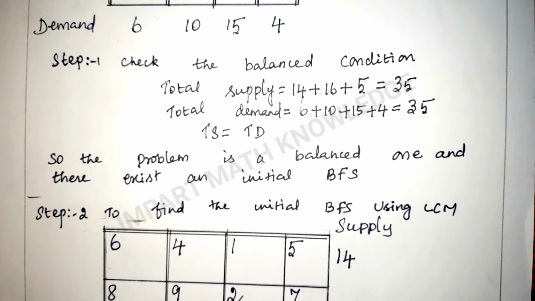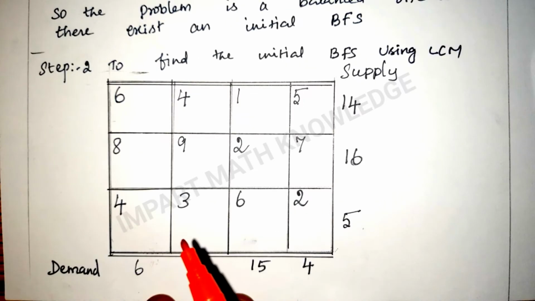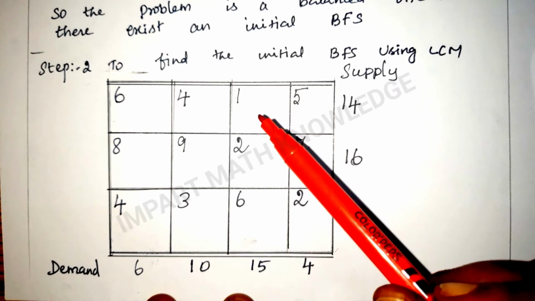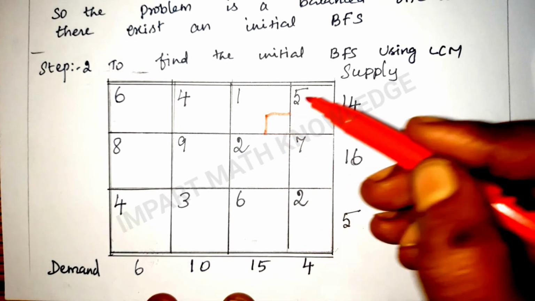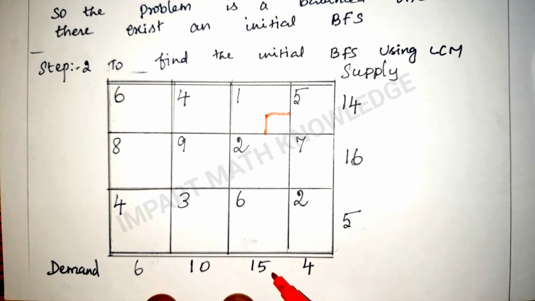Step 2, we have to find the initial basic feasible solution using the least cost method. In the given matrix, you have to select the minimum value. The minimum value is 1. So you have to allocate your value here. For this cell, supply is 14, demand is 15.